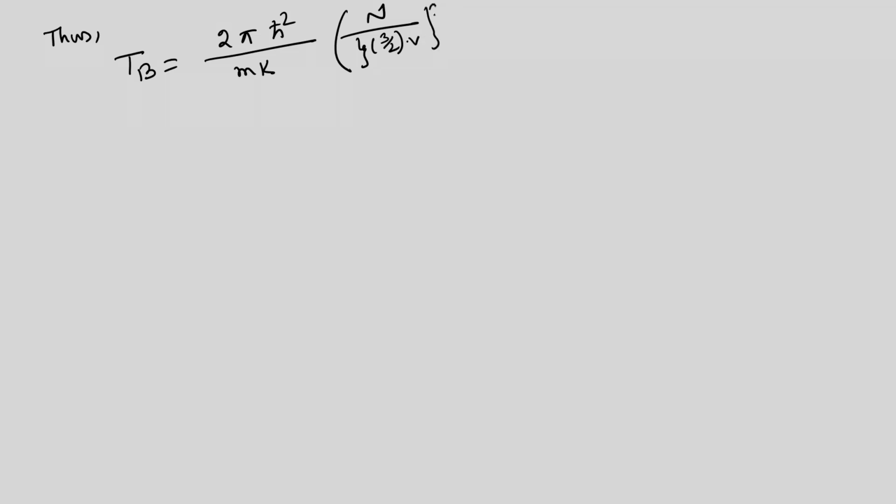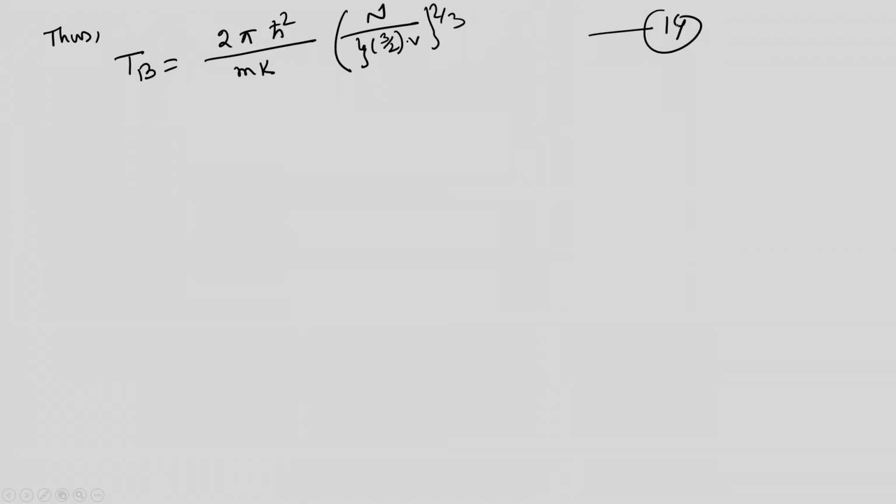Thus, from this expression we can calculate Tb. The value of Tb is twice pi h cross squared by m kb times (n by zeta 3 by 2 times V) to the power 2 by 3, and this is our equation number 14.